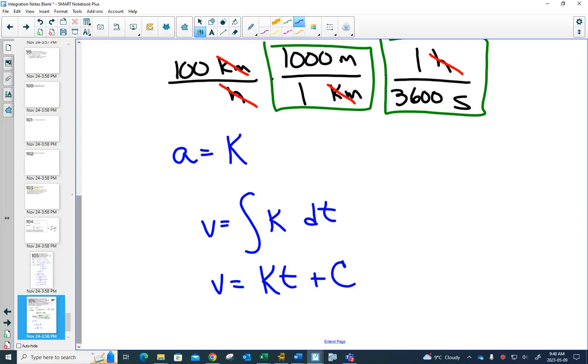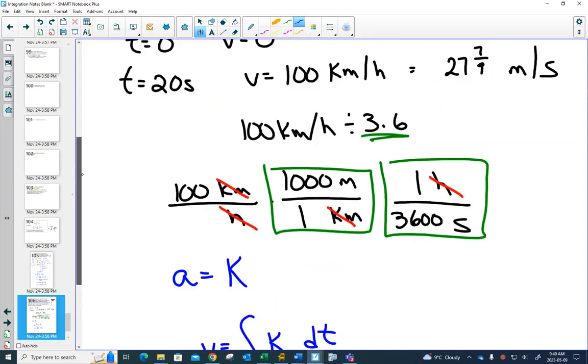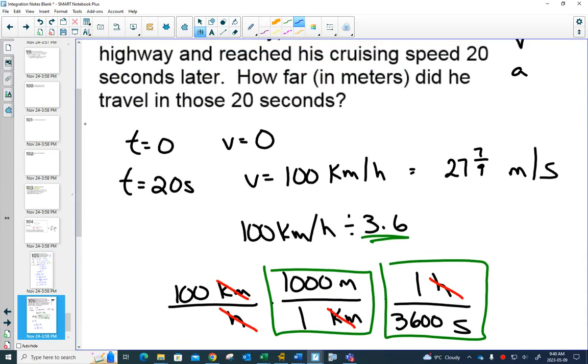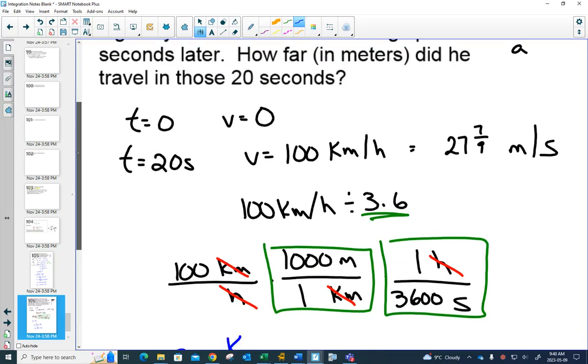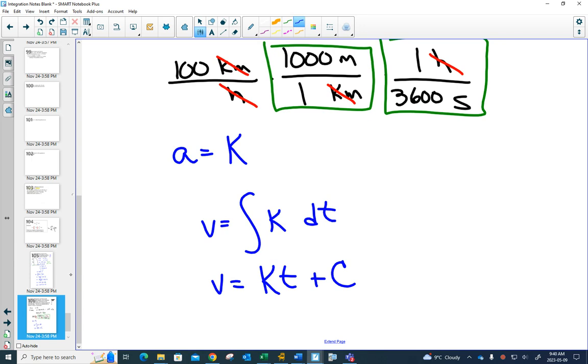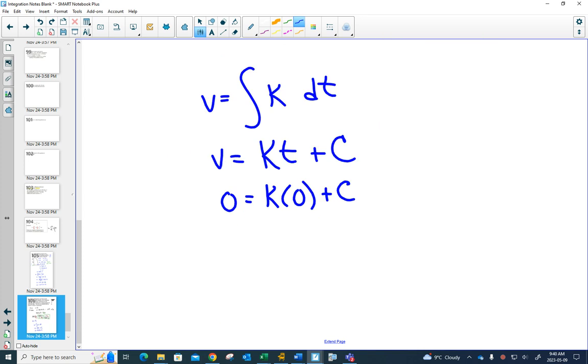Since we know our initial velocity is 0 when time is 0, you can solve that c has to be 0 as well. And so now we have a velocity formula that is just k times t.